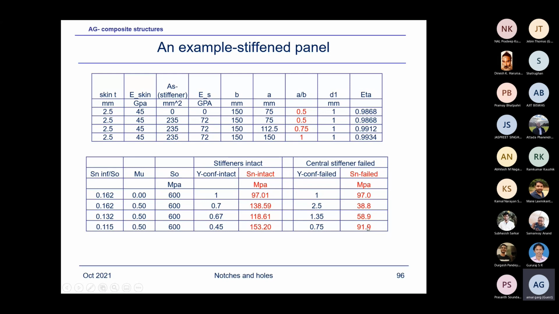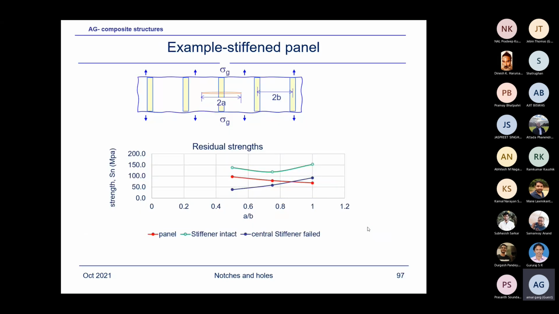So when the central stiffener breaks, it reduces the strength significantly. And so I have shown here the strengths. What you see here is strength, S_n, that is residual strength for the panel, stiffened and non-stiffened, with the stiffener broken or non-broken. So this one is central stiffener failed.